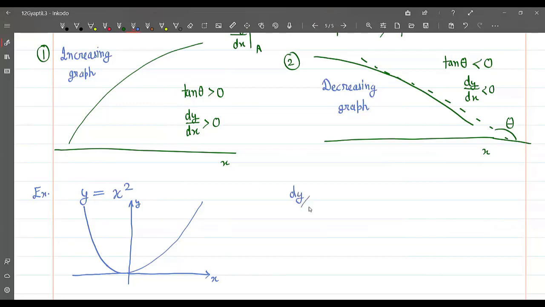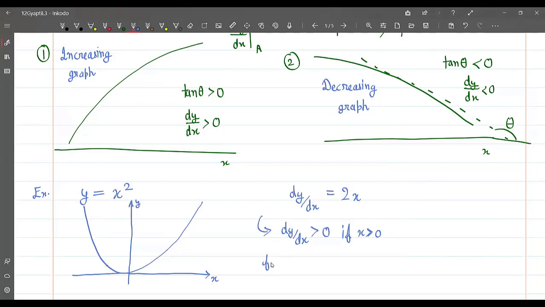If I calculate dy by dx, its value will be 2x. Now dy by dx will be greater than 0 if x is positive. If you put x as positive, that implies the slope is positive.